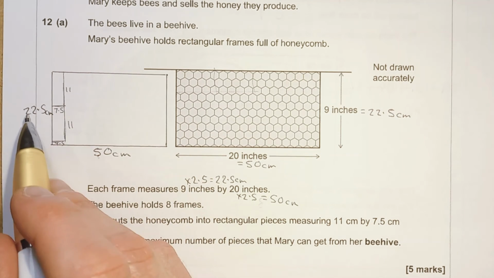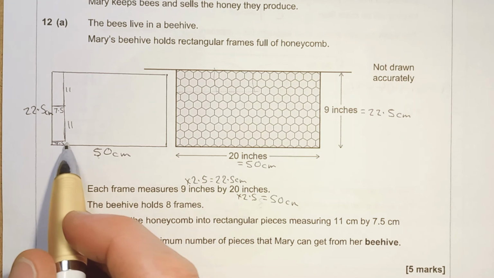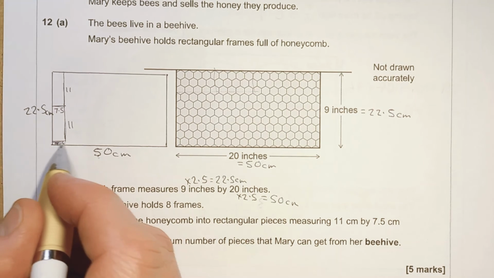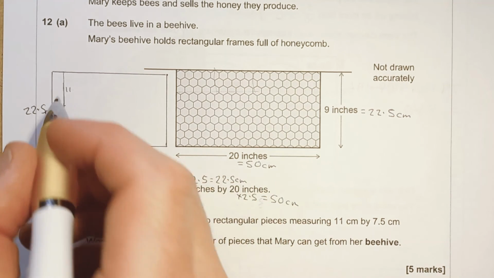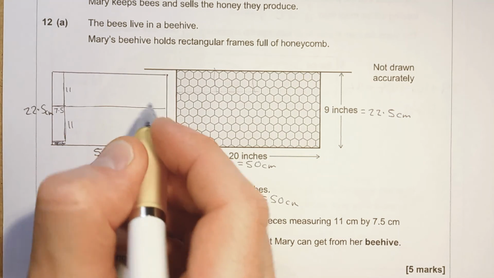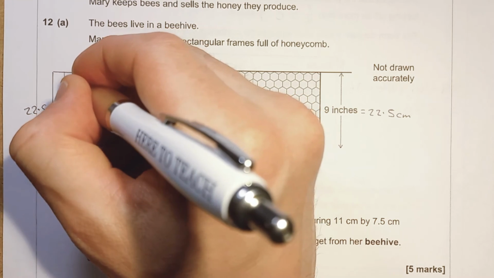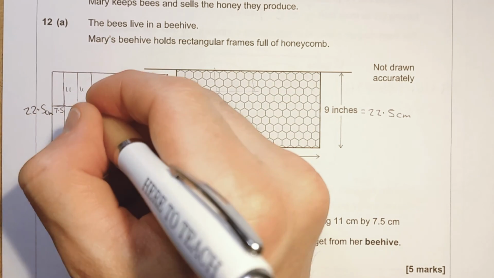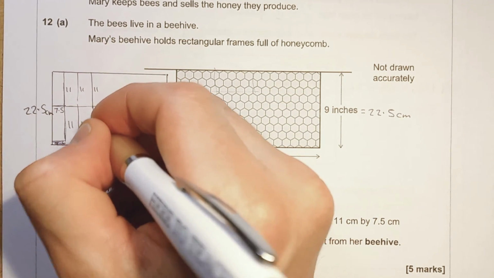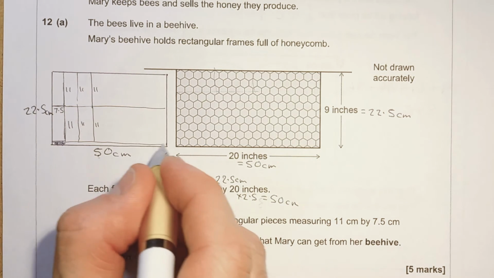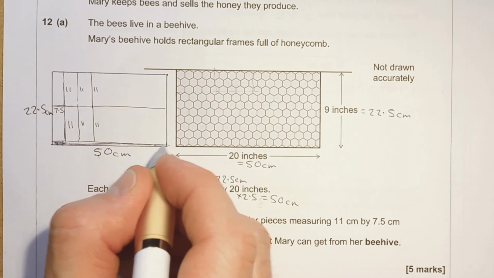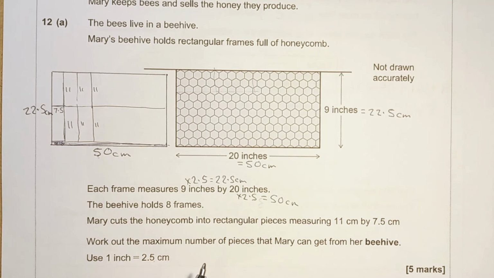Because 11 plus 11 is 22, we have a little bit of a gap at the bottom that's not used. But that's fine. We could keep cutting out chunks that are 11 centimetres long, 11 there, 11 there. As I say, we're going to have this little wasted bit at the bottom, but it's only a small amount.